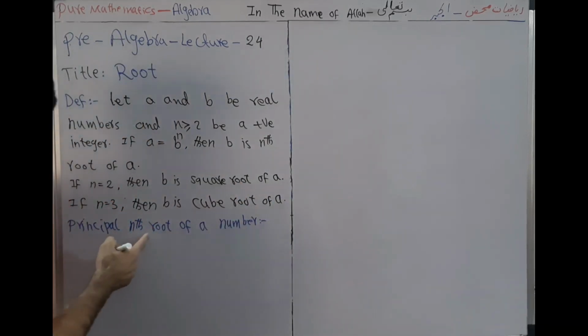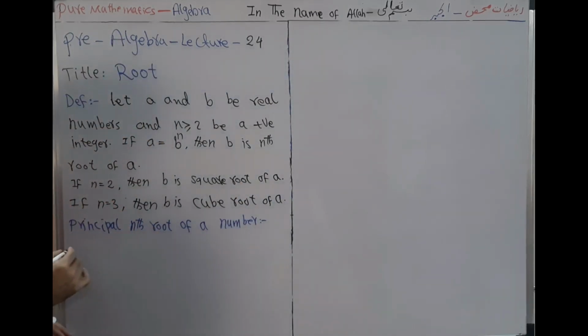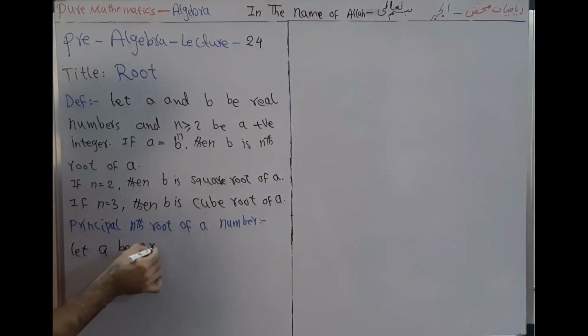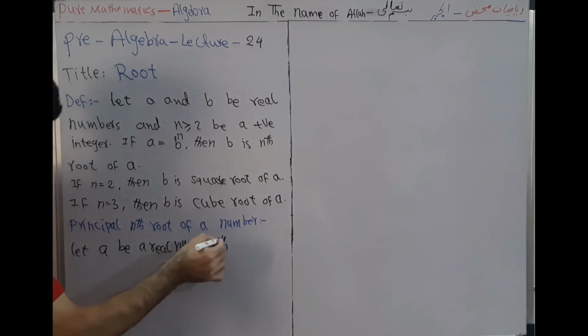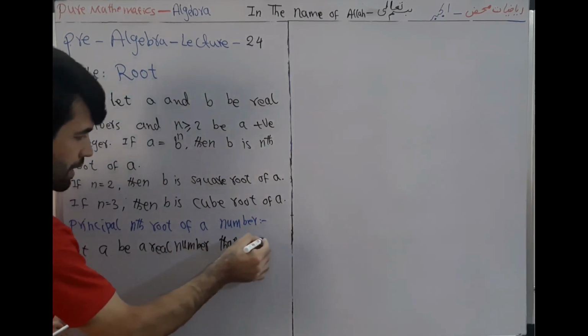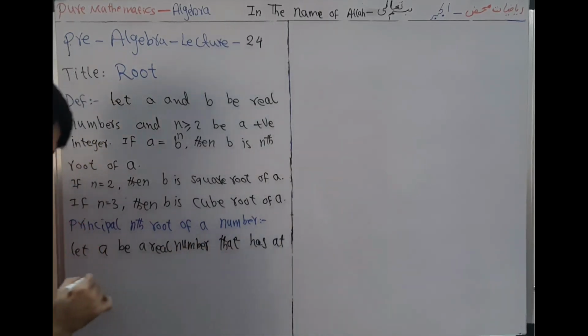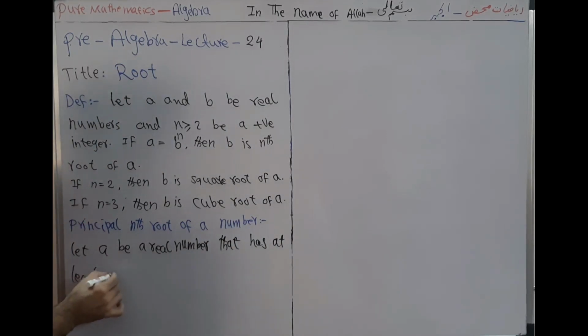Now, principal nth root of a number. Let a be a real number that has at least one nth root.